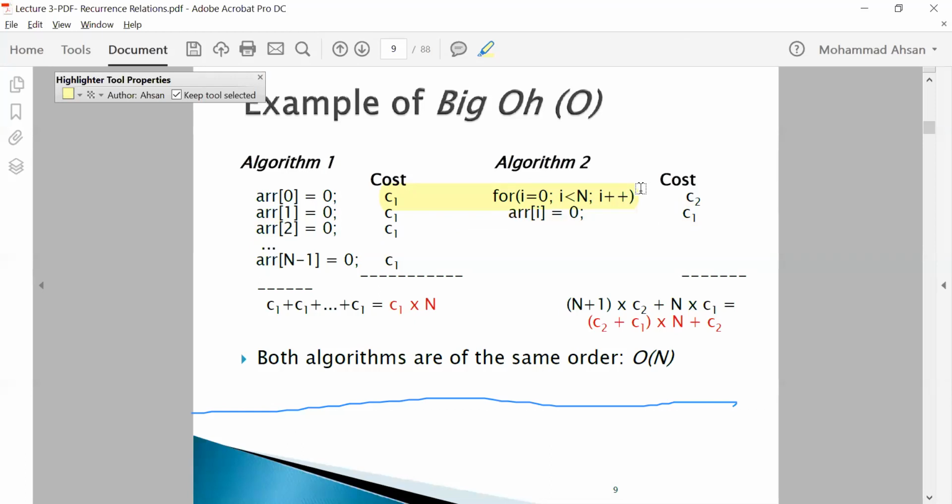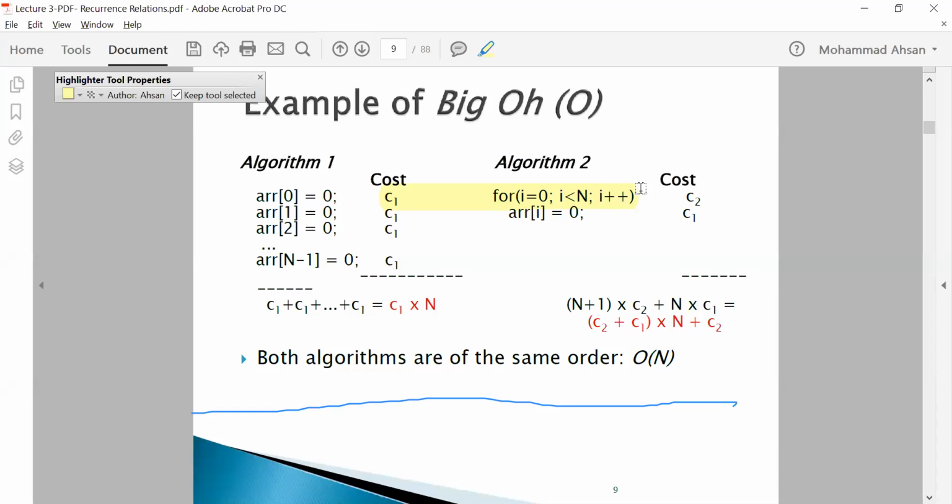The first time you enter the loop, you just initialize and check if I is less than n. You don't increment. The rest of the times, when you come back after executing the statement, you first increment I to I plus plus and then you check. So this total work, whatever is done every time you come back to the for loop, is C2. How many times will C2 be done?